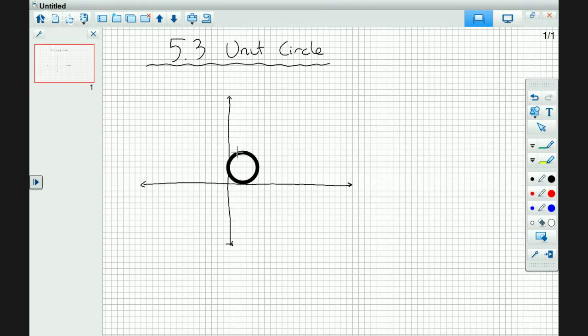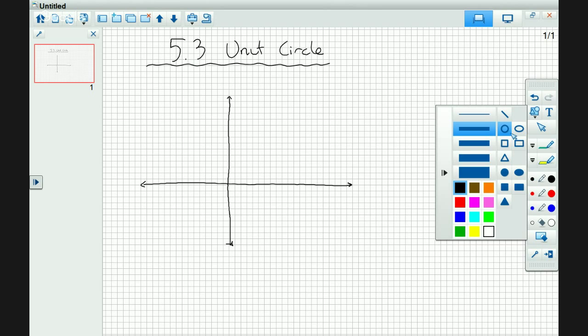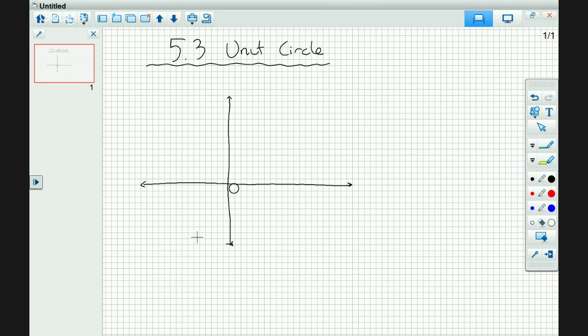Definitely need some practice on my eyes. Look at that. Wish I had control up here. Circle. See if I can figure this out. Oh, yeah.